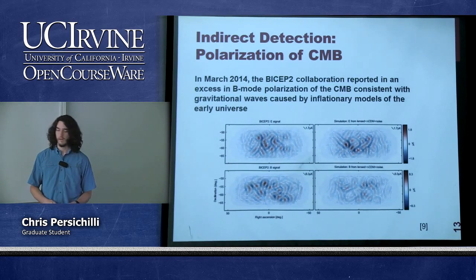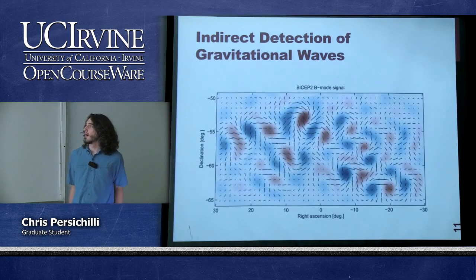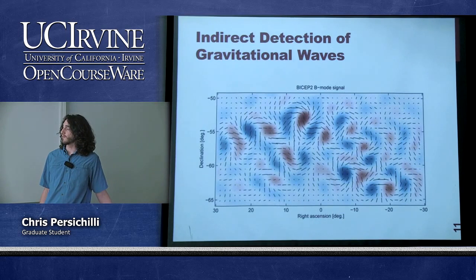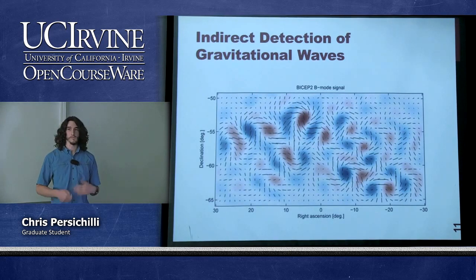And it's actually easier to see if we go up to the blown up one here. This is their measurement for the B-modes. And so these lines, you can see how they sort of curl. And this curling mode they measured with more than a 5 sigma excess over their background expectation.